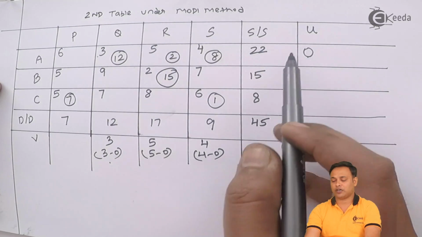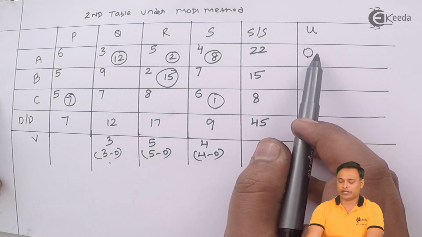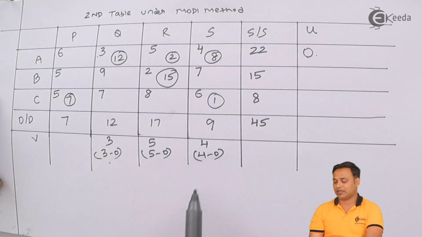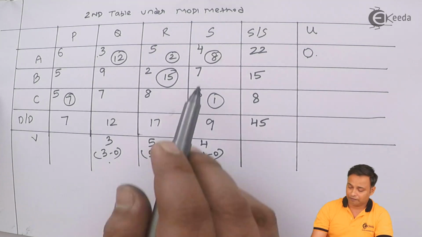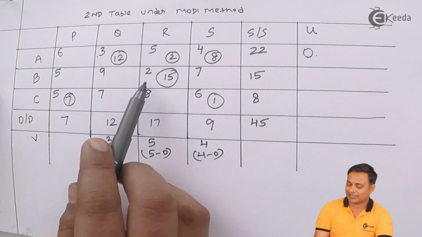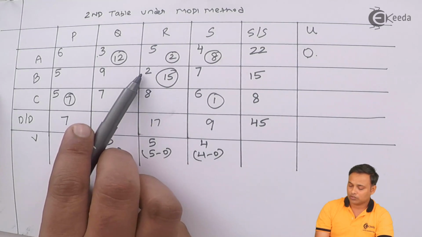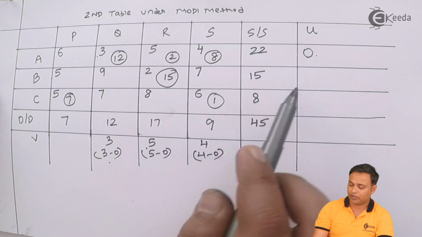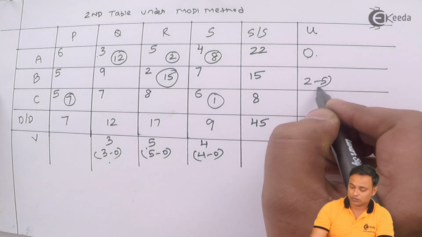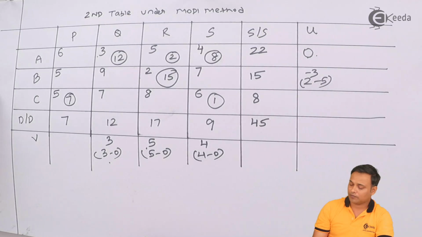So by using this first 0, I calculated the u and the v values for 3 occupied cells. In the third column, I have got one more occupied cell where the cost is 2. So cost minus v will get me u. So 2 minus 5 minus 3.